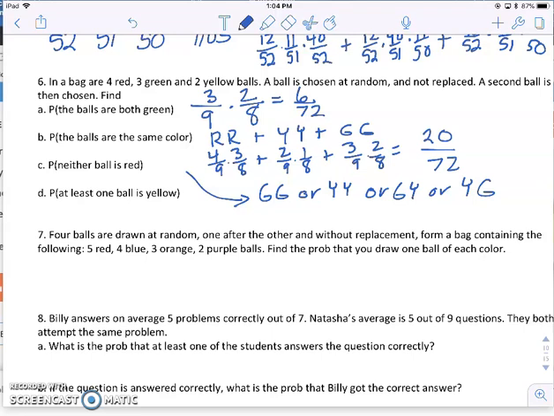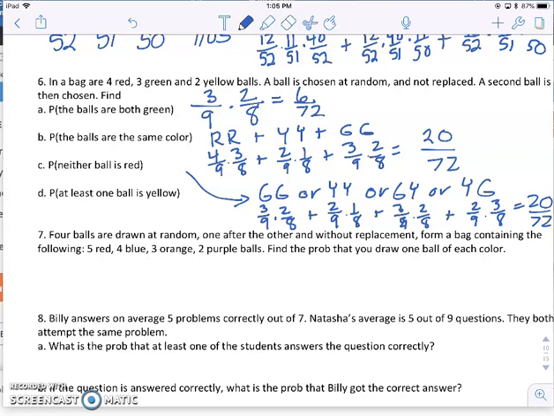So if we did this, 3/9 times 2/8 plus yellow, 2/9 times 1/8 plus 3/9 times 2/8 plus yellow, 2/9 times 3/8. Let's see, 72 on the bottom. 3 times 2 is 6, plus 2 is 8, plus 6 is 14, plus 6 is 20 out of 72.